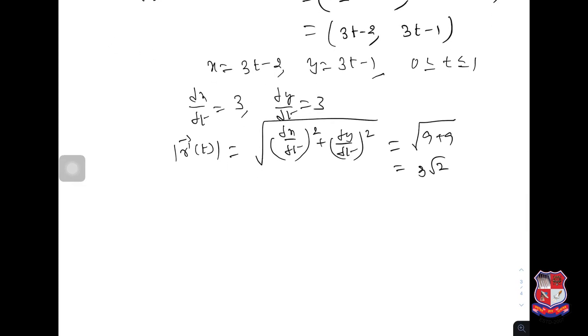And now the required line integral is the integral along C of 4x³ ds. So ds is equal to 3 root 2 dt.